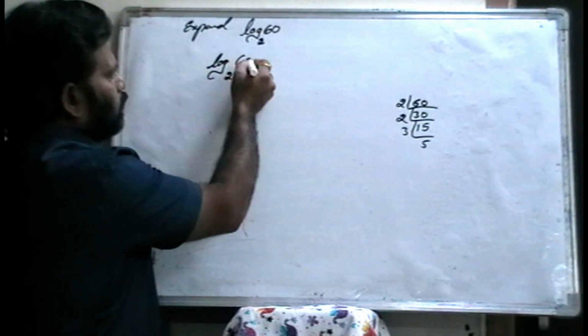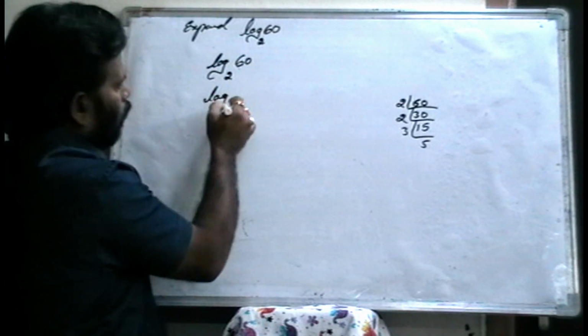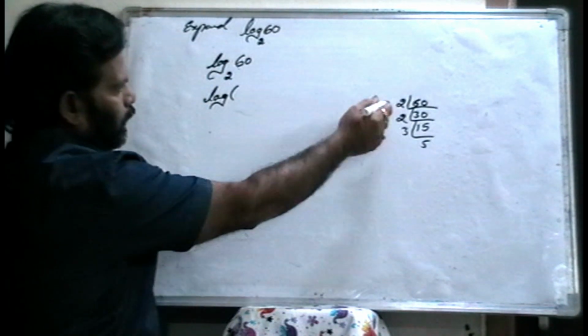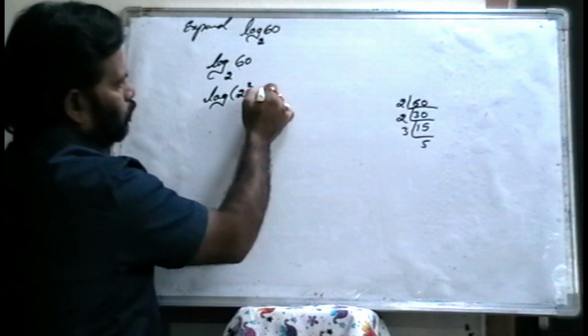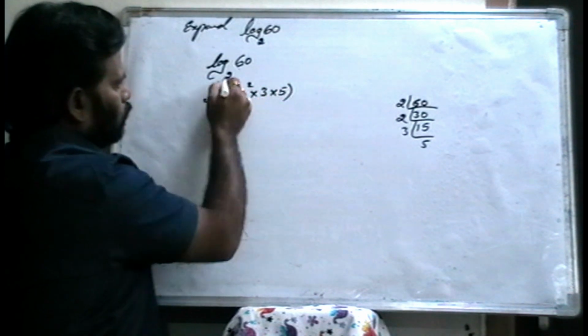So log 60 to the base 2 we can write as log of 2 into 2, that is 2 square, into 3 into 5, to the base 2.